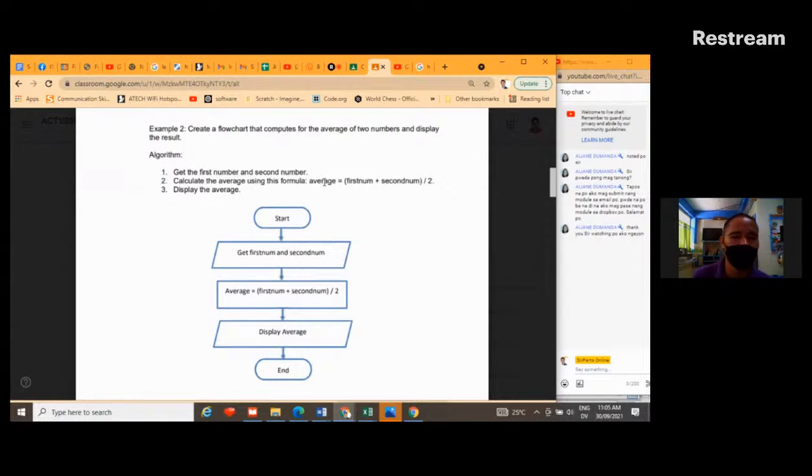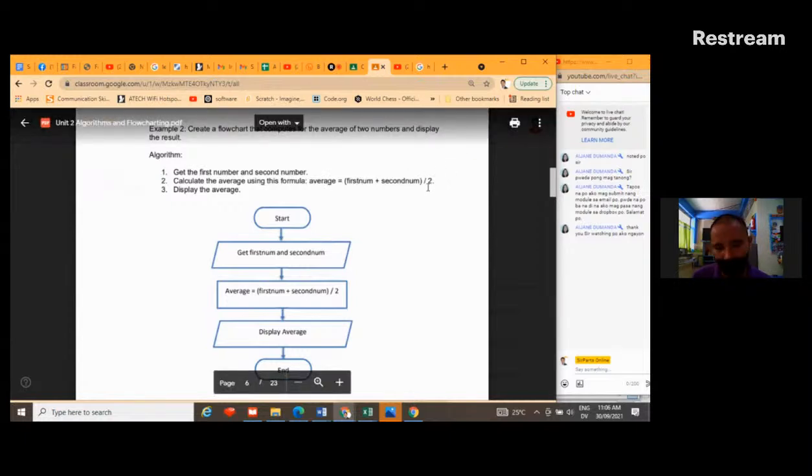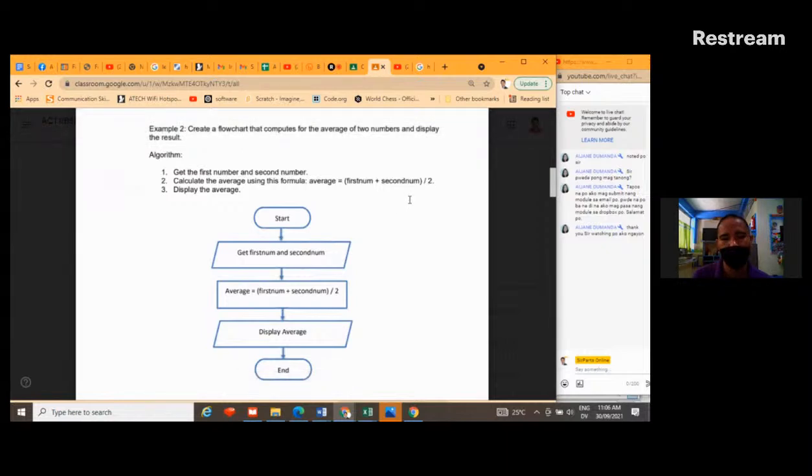So when you say average, you're going to add all the numbers and you're going to divide that by the number of numbers. You have to take note on that, no? So here we have two numbers, so we have to divide that by 2. And after that, you're going to display the average.